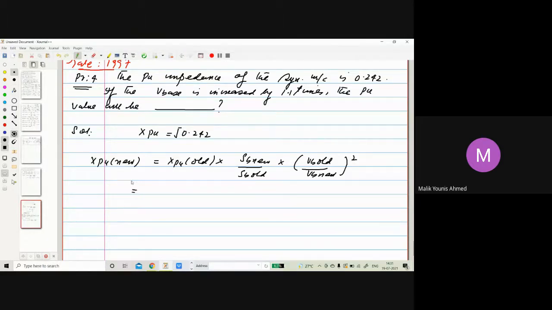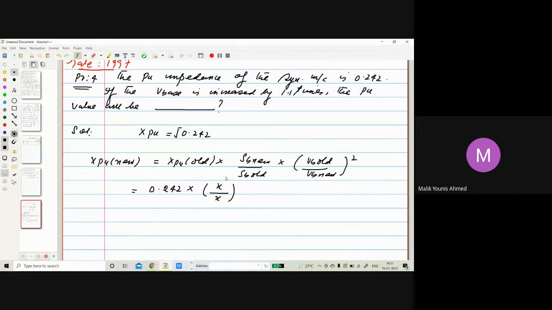XPU old is clearly given as 0.242. No information is given about the S base, so we'll keep it a constant variable X. S base new is X, S base old is also X.